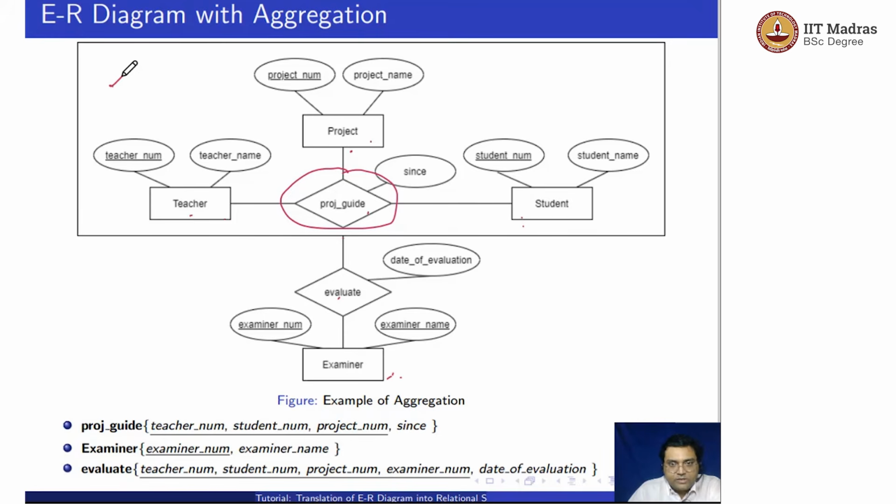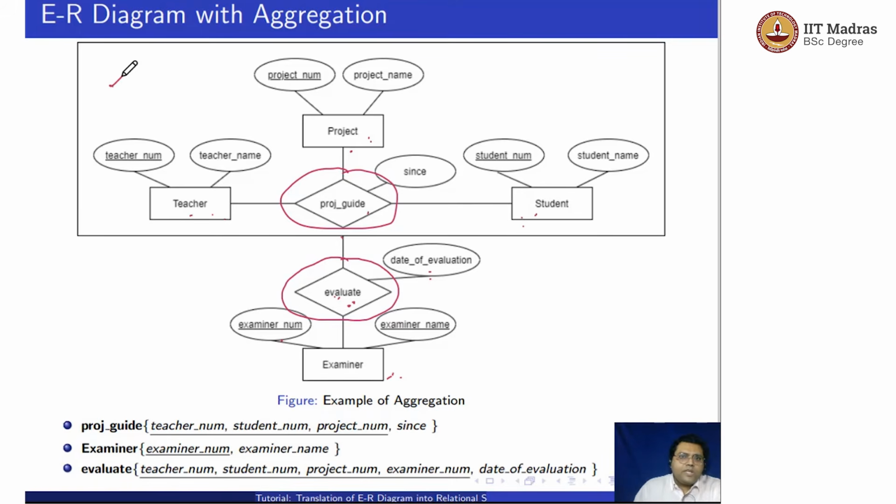So this is the aggregation, which creates this particular relationship set that we are calling evaluate, right? So evaluate will have the information of the teacher who is guiding a particular project for a particular student and the date of evaluation. Along with that, it will also keep the information of who the examiner is. This information has to be kept in our evaluate table.